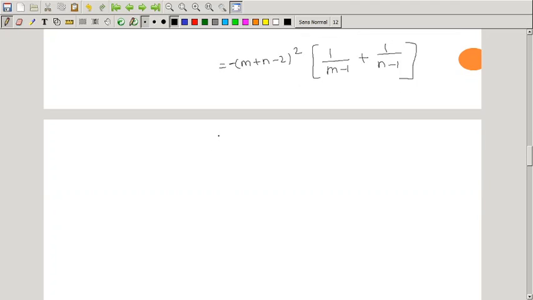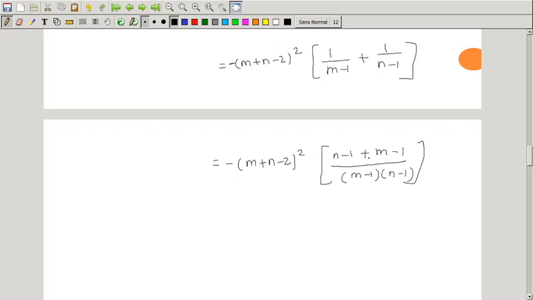After solving this, we get minus (m + n - 2) bracket square times ((n - 1) + (m - 1)) divided by (m - 1)(n - 1).